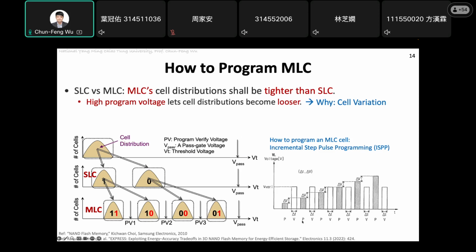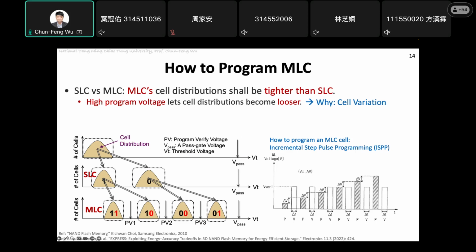The thing is, each time we also need to do the verify. Verify is also called a read. So when we do the program, it is not only doing the program. We need to split it into a lot of small pieces of program plus a lot of reads, because when we do the small piece of program, we need to make sure what the distribution looks like now.